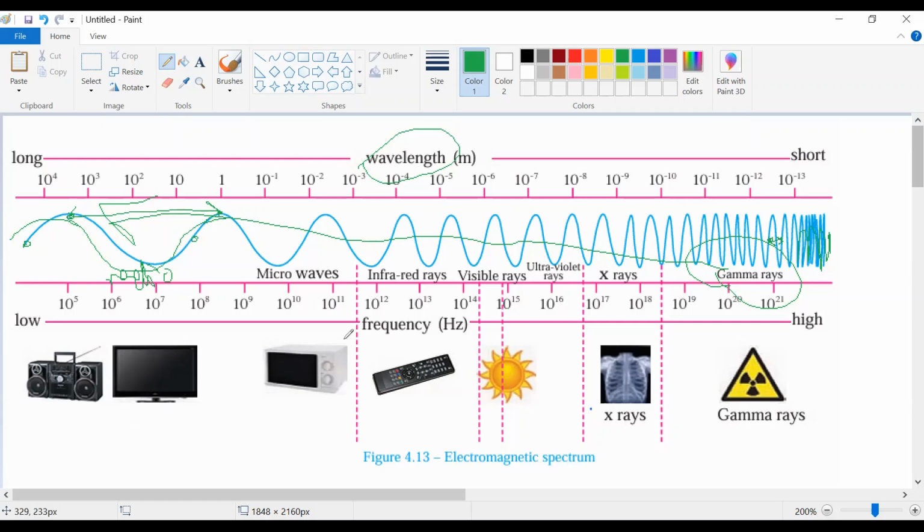So if I ask you, son, now this goes in a range like this, right? Look at this and tell me the answer. Let's compare X-rays and microwaves, right? Which one will have the higher frequency?